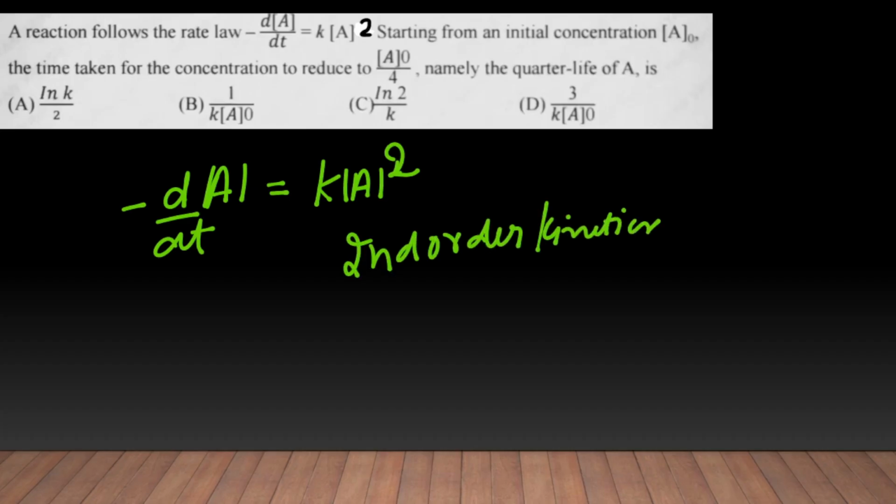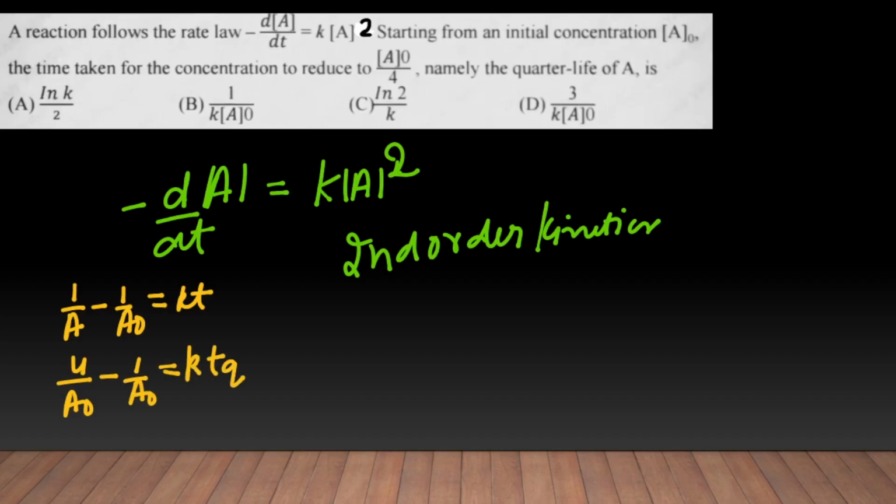So for the second order, the integrated rate law expression is 1 by A minus 1 by A naught is equal to Kt. Now the remaining concentration has reduced to A naught by 4. So it will be 4 by A naught minus 1 by A naught, which is equal to K t quarter.